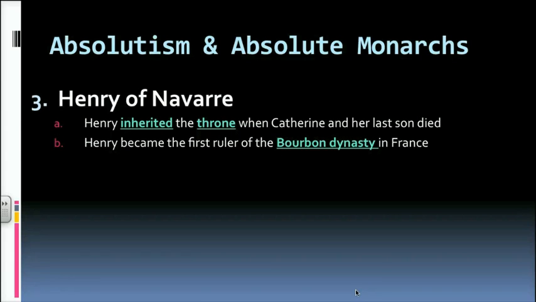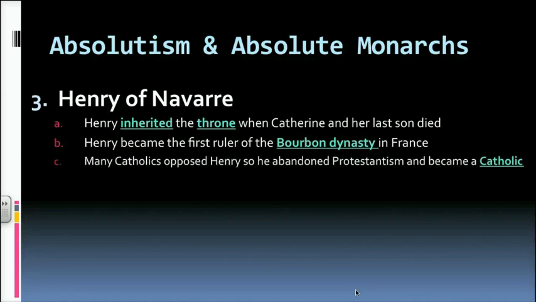We can kind of give it the French Bourbon dynasty, but often the American accent version of this is the Bourbon dynasty. And I don't think either one is wrong, but you'll hear about this family quite a bit throughout this unit. So Henry became the first ruler of the Bourbon dynasty in France. Now, you got to remember, Henry is a Protestant. The rest of the country is pretty much Catholic. So he's got to do something about that.